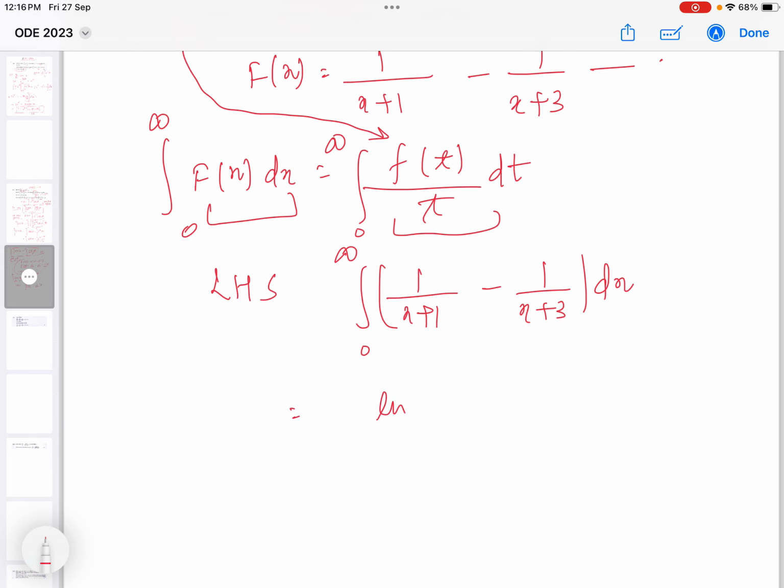So the things become simple. On simplifying, it becomes ln of x plus 1 over x plus 3, putting the limits 0 to infinity.